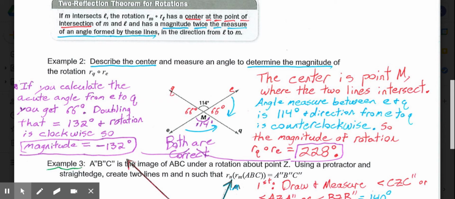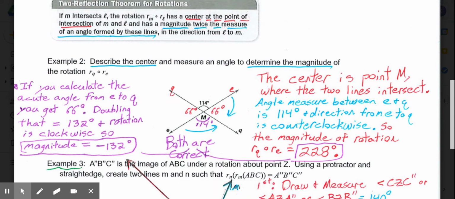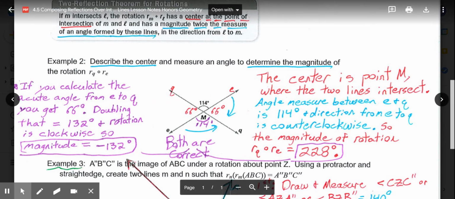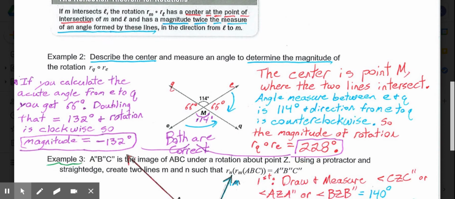Or on the flip side, E to Q here is 114. So there's an angle measure also in between E to Q that's 114, but that direction is counterclockwise from E to Q. So in that case, the magnitude of that rotation would be doubled, 114, 228, going counterclockwise, so that'd be positive. Both of these answers would be acceptable.